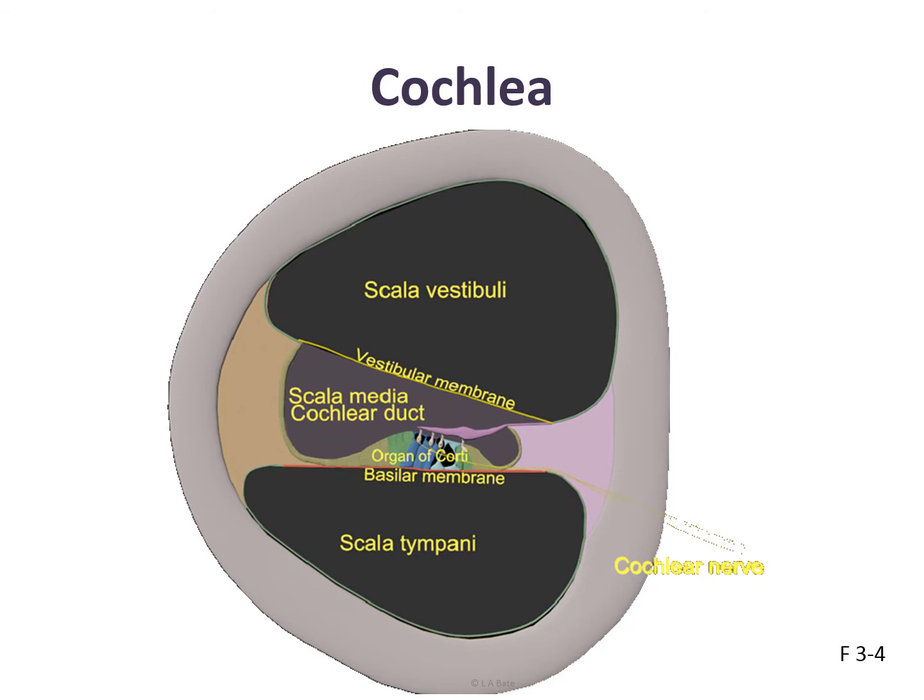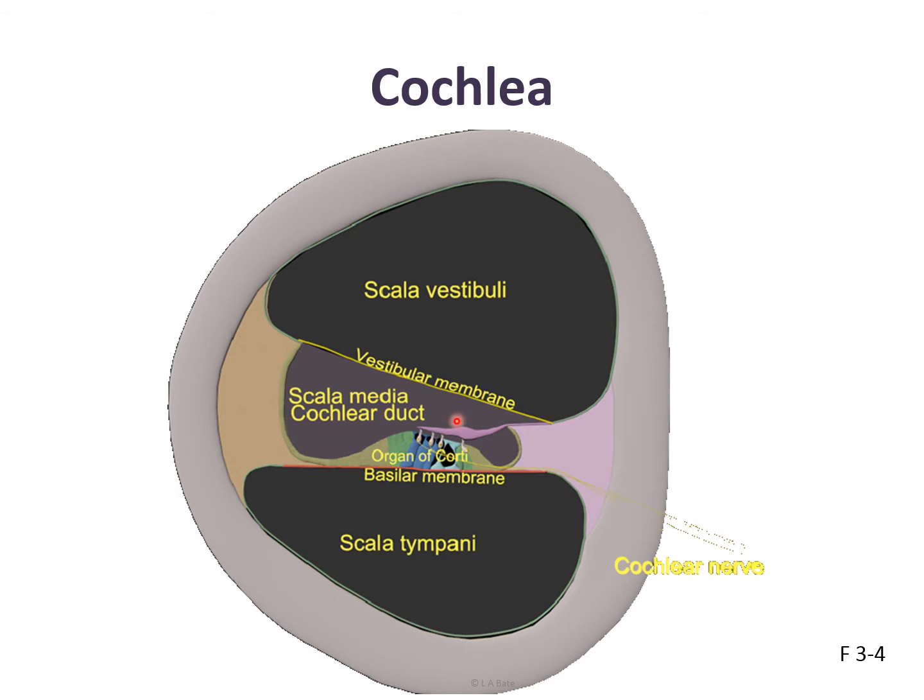At the bottom, we find the scala tympani that ends at the round window. Both scala vestibuli and scala tympani are filled with perilymph, and they are connected at the helicotrema, or the tip of the spiral configuration of the cochlea.